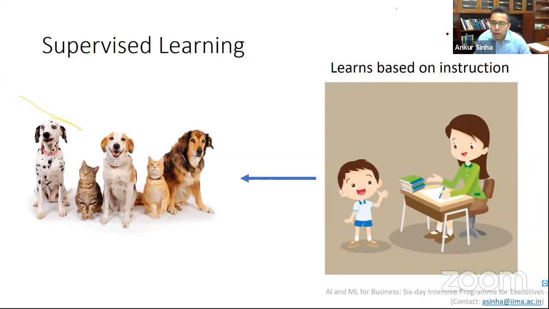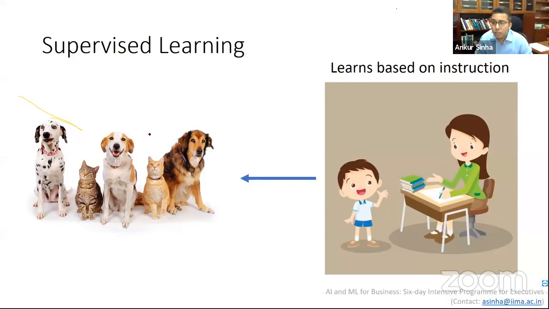Now, how is the baby able to recognize what is a dog and what is a cat? The child is able to recognize some of these things based on the inputs that are coming from the teacher. The teacher specifically tells this is a dog, this is a cat. Now, based on this instruction, the kid is able to do this identification.